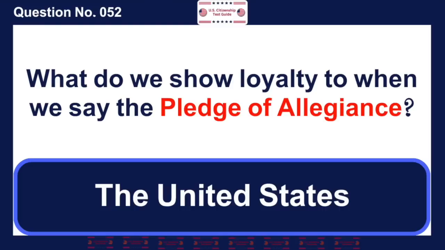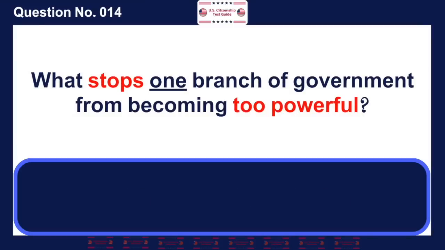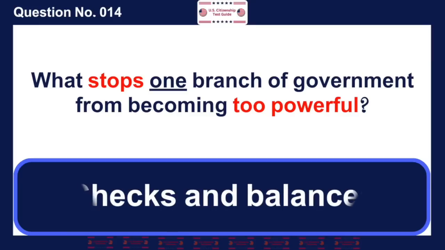The United States. What stops one branch of government from becoming too powerful? Checks and balances.